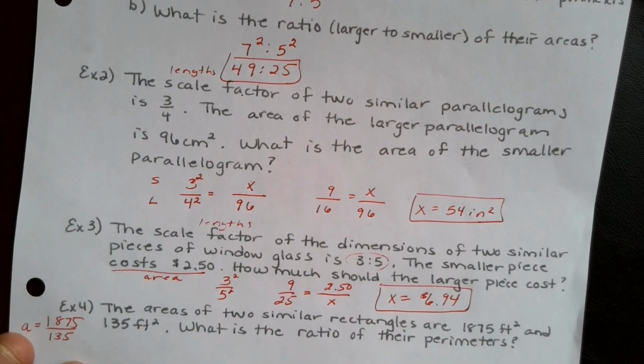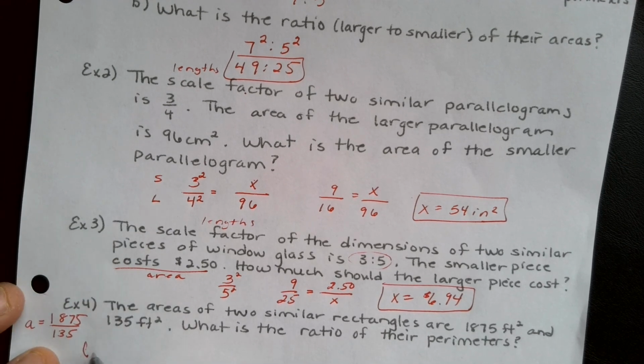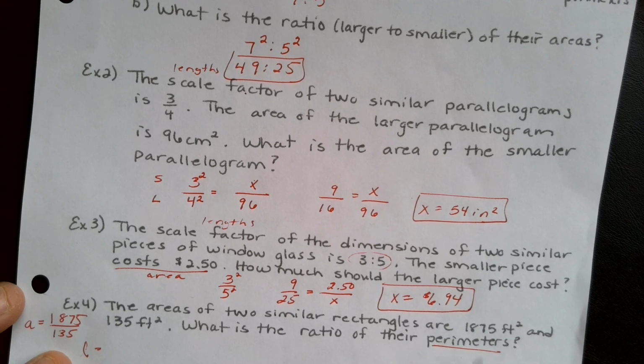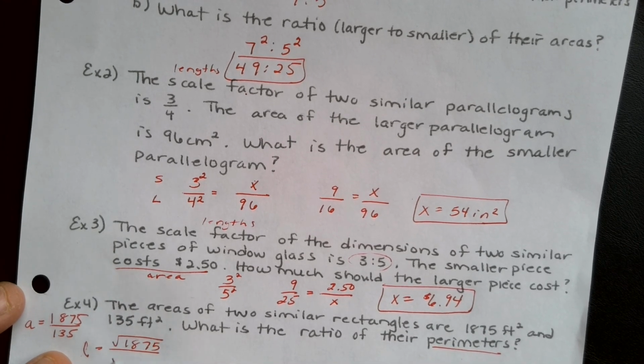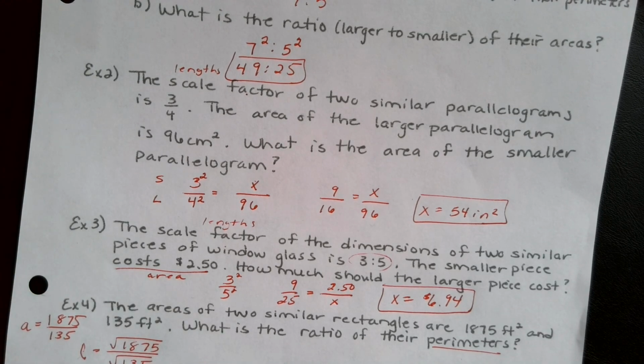So when you take the square root of both sides, the length ratios, or the perimeters, are going to be the square root of 1875 over the square root of 135. Now, granted, it doesn't clarify how to do this, so you could divide those out, but let's just assume that they want it left in exact form.